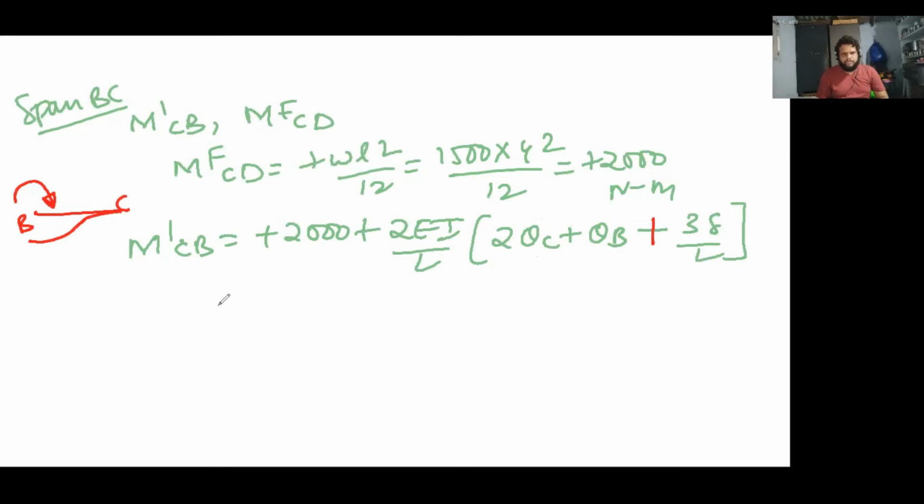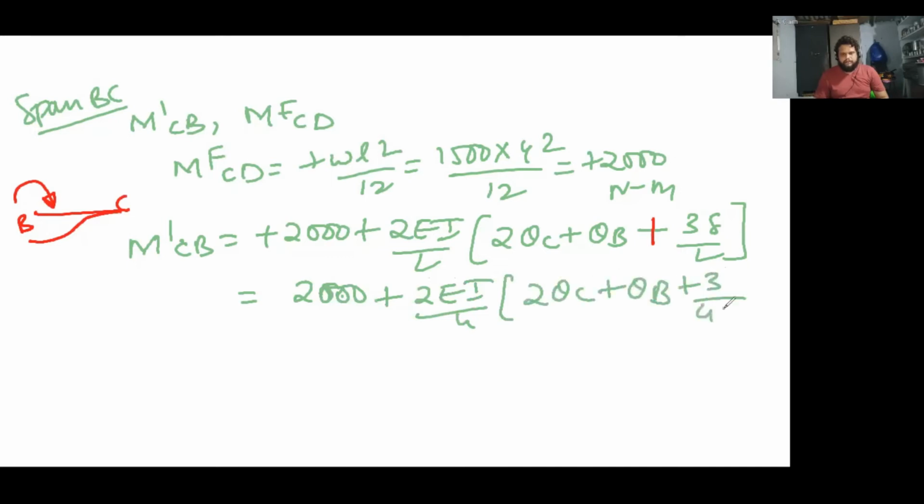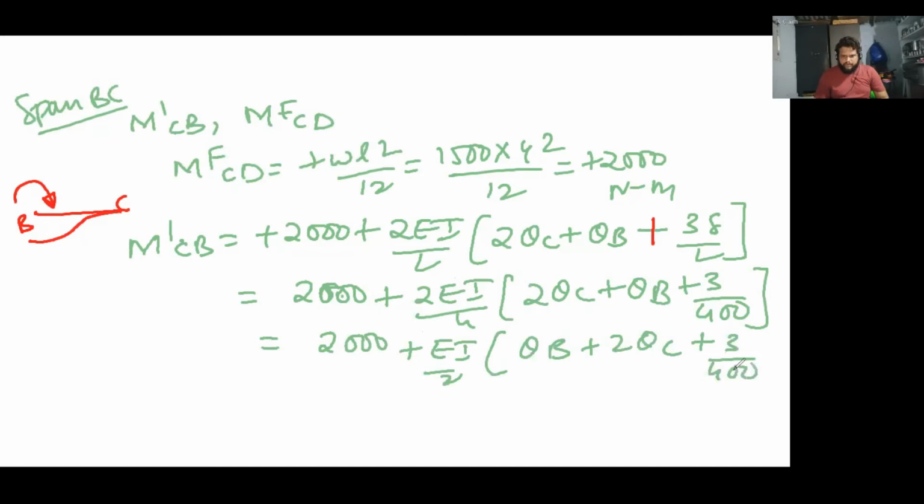Now this is equal to 2000 plus 2EI by 4 into 2 theta C plus theta B plus 3 by 400. Delta is 1 by 100, length is 4. I am writing it as 3 by 400. So 2000 plus EI by 2 into theta B plus 2 theta C plus 3 by 400. Okay. So this is equation number 4.